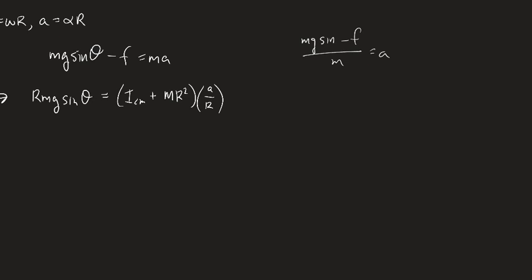Now, the other one's going to be messier, but I'm just going to multiply both sides by the r's to make that r squared. And I'll get r squared mg sine theta over, okay?